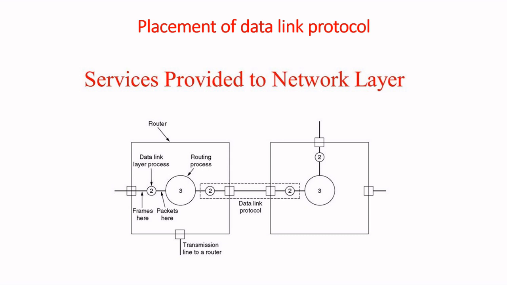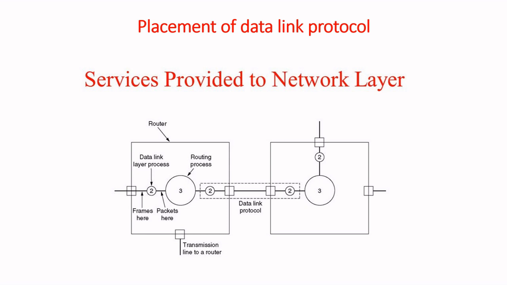Now the placement of the data link protocol and the services provided to the network layer. In this diagram, there are two machines, host machines, sender and receiver.